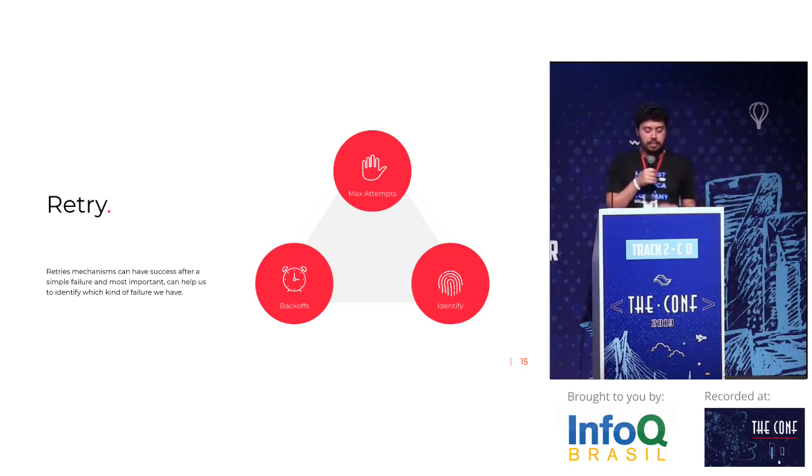I have to set my max number of attempts, and we have to use backoffs. Backoffs will be the interval between each attempt. I can use exponential backoffs, an option where between each attempt my interval will increase, a little bit or doubling the number.